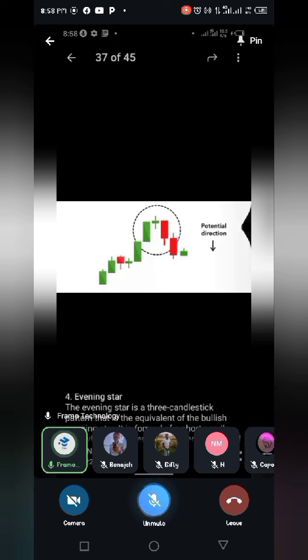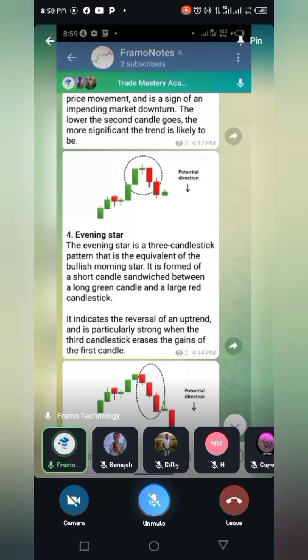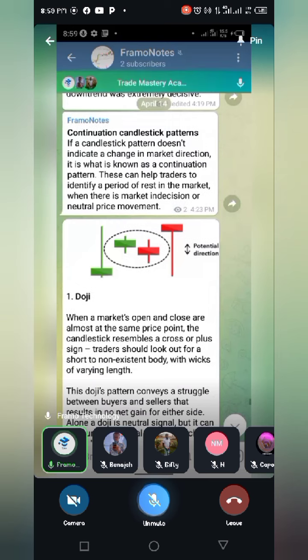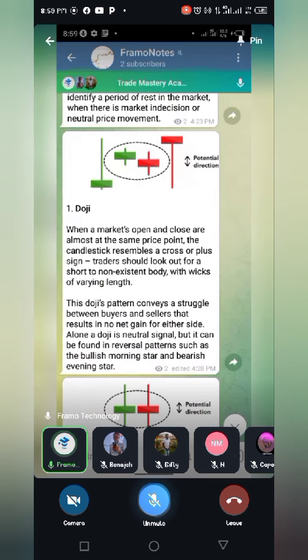When they form with an evening star or morning star, they don't continue the trend, they rather reverse it. That is the negative aspect. Though doji continue a trend, if they form in the morning and evening stars, they rather reverse the trend.